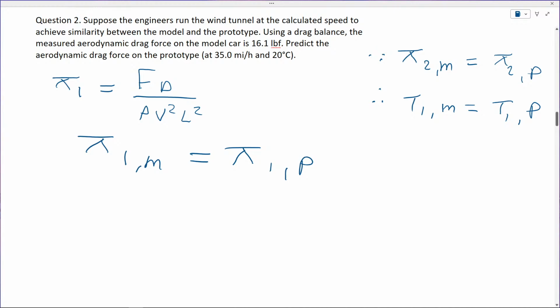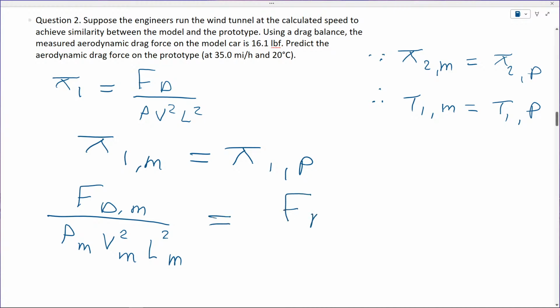So basically the drag force of the model over rho model v square model L square model is equal to the drag force of the prototype over rho prototype v square prototype L prototype square.